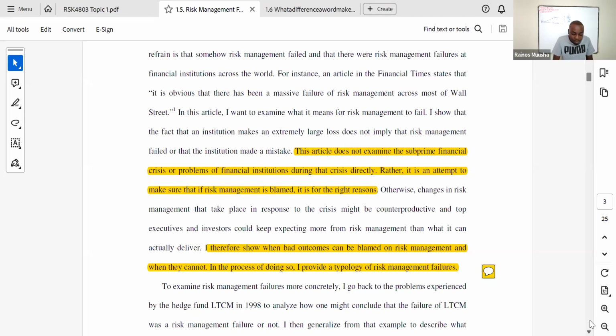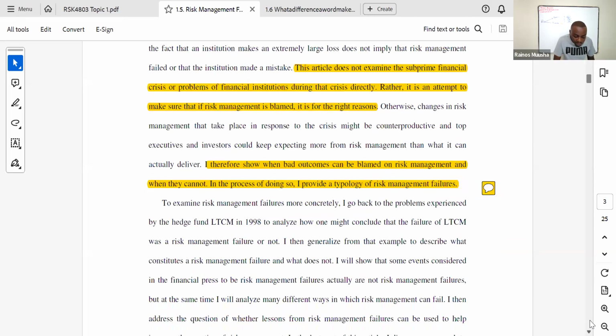Rather, it is an attempt to make sure that if risk management is blamed, it is for the right reasons. So it therefore shows when bad outcomes can be blamed on risk management and when they cannot. In the process of doing so, I provide a typology of risk management failures.